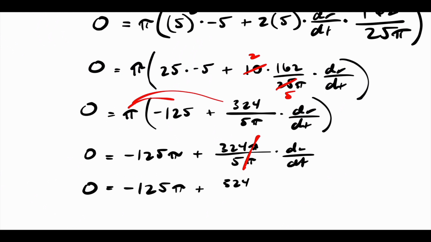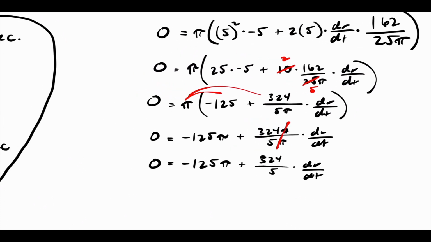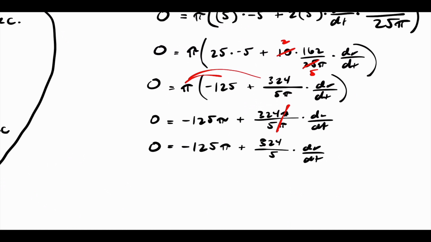So 324 over 5 times dr dt. So now we're going to get dr dt by itself. So I'm going to add 125 pi to both sides.